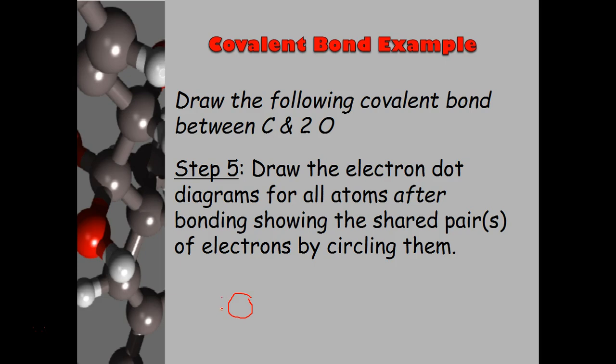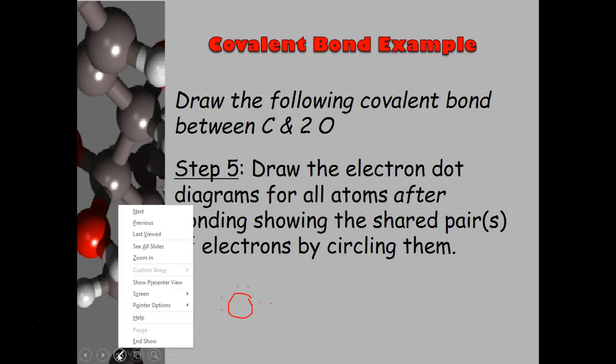So 1, 2, 3, and 4. It had a total of 4 electrons that were already paired off, already filled. But it also then had 2 that didn't connect to anything. So that's where I'm going to put those guys.